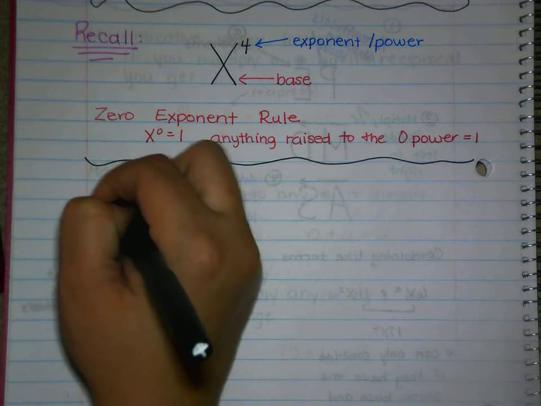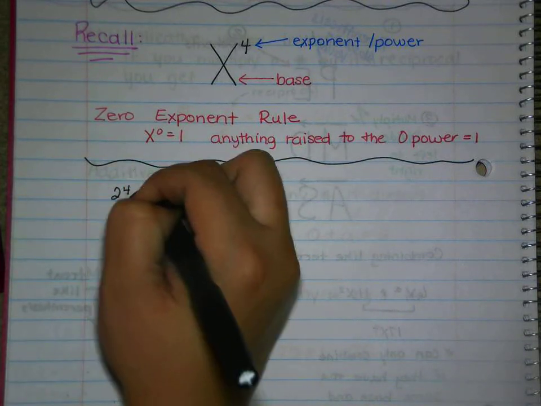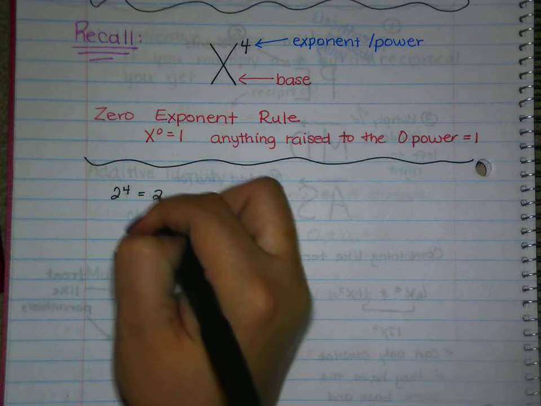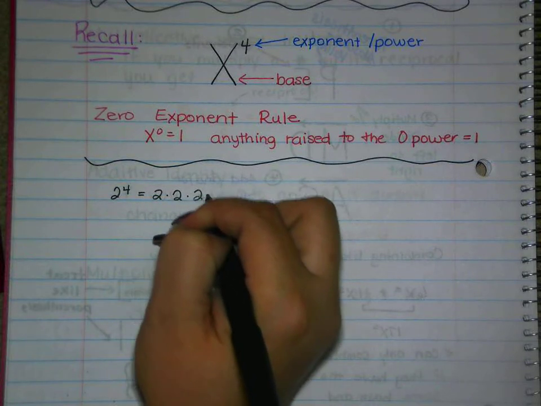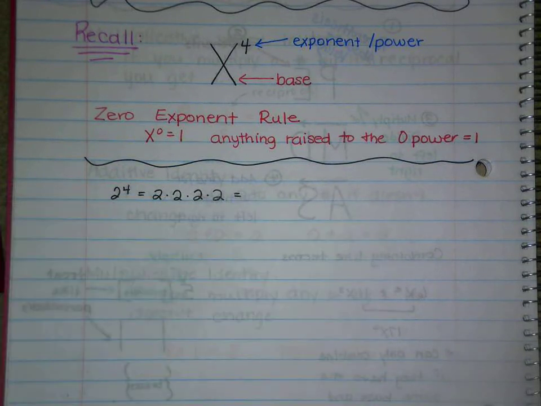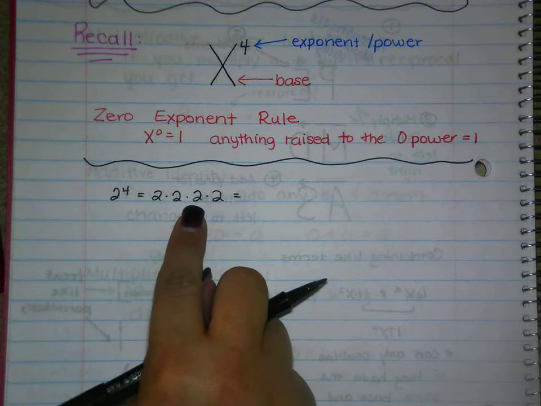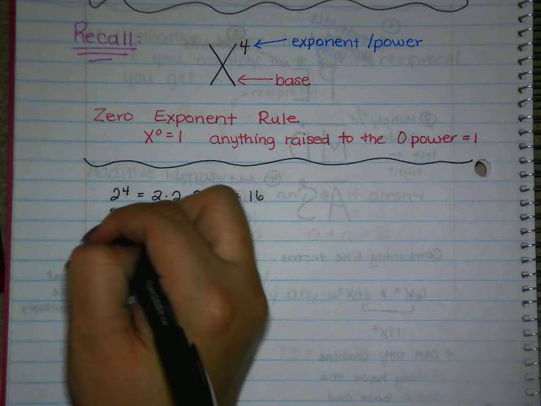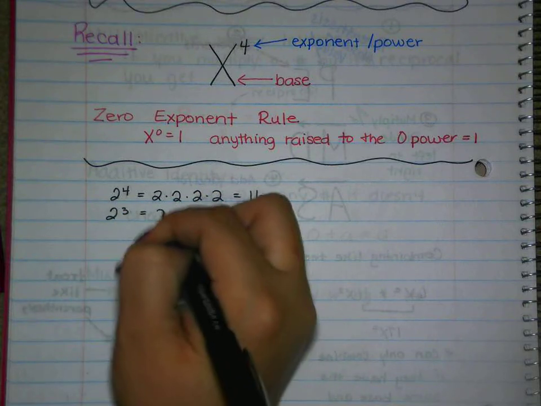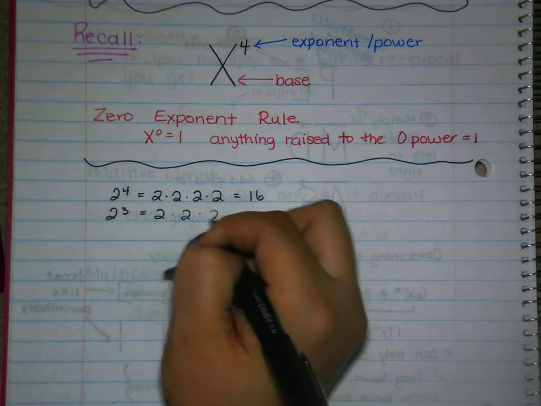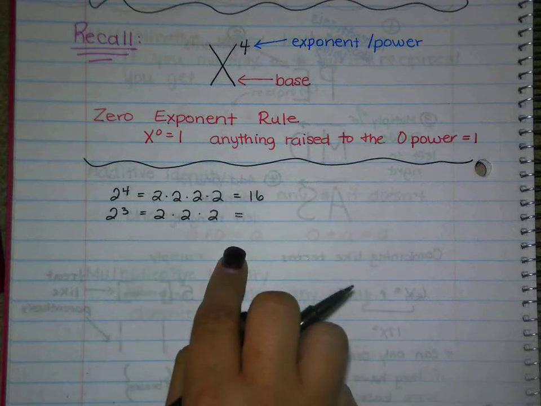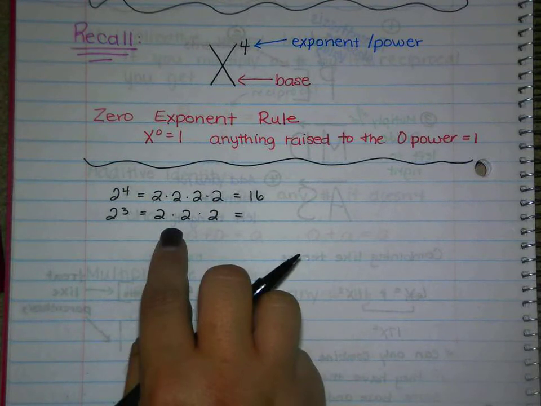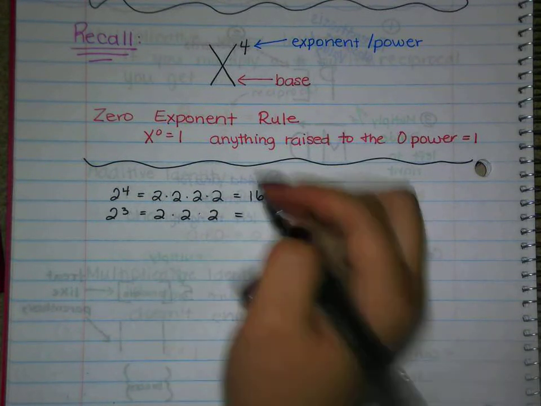So if we have 2 to the 4th power, that is equal to 2 times 2 times 2 times 2. So 2 times 2 is 4, times another 2 is 8, times another 2 is 16. Okay, and then we have 2 to the 3rd power. We have 2 times 2 times 2, and that's 3 2's. So 2 times 2 is 4, times 2 is 8.